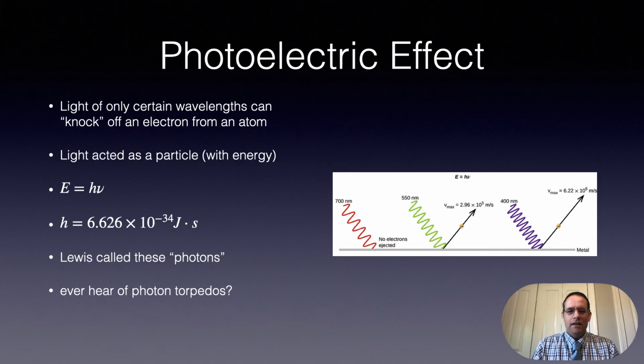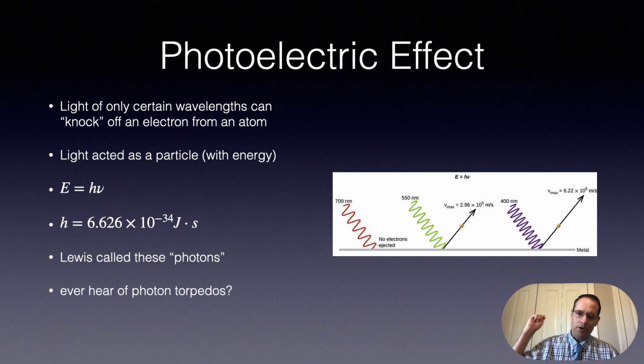So the photoelectric effect, in very brief terms, was discovered by Einstein, published in 1905 or so. It was this discovery that light of only certain wavelengths is able to knock an electron off of an atom. So in this experiment, light kind of acted as a particle.